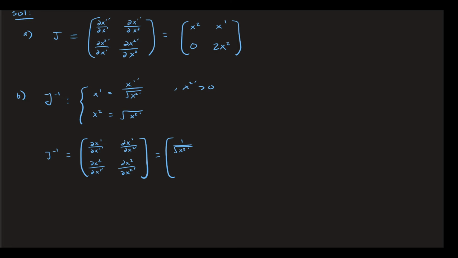Partial x1 over partial x2 prime will be negative 1/2 x1 prime over x2 prime to the 3/2, differentiating with respect to x2 prime. Differentiate x2 with respect to x1 prime, we get 0. And differentiate x2 with respect to x2 prime, we get 1/2 times 1 over the square root of x2 prime. Okay, cool.